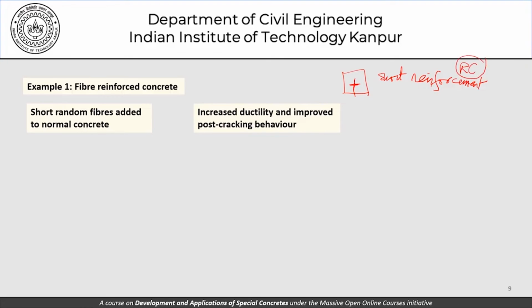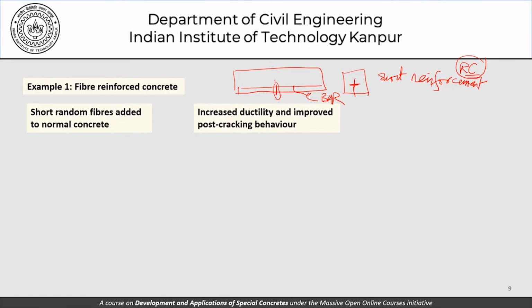Except that in normal reinforced concrete, we don't talk of fibers, we have normal reinforcement. That is, if you have a beam, we have a reinforced concrete, meaning this is a long steel bar. And this steel bar prevents any flexural crack from propagating. So this is something which we know from our understanding of reinforced concrete.